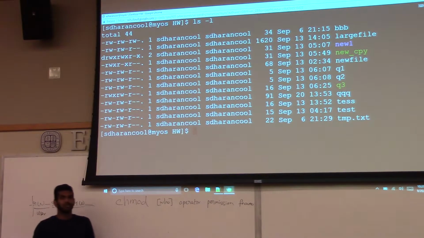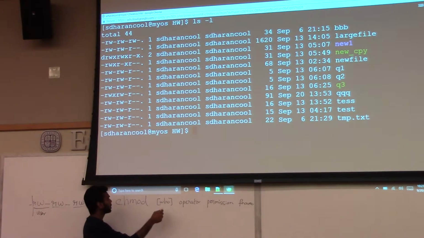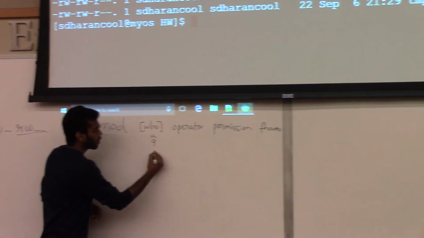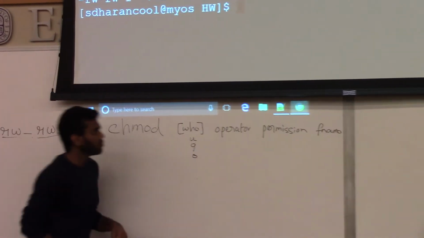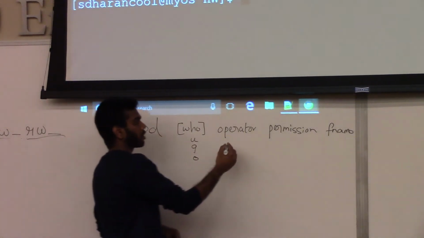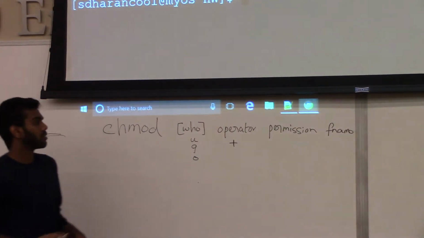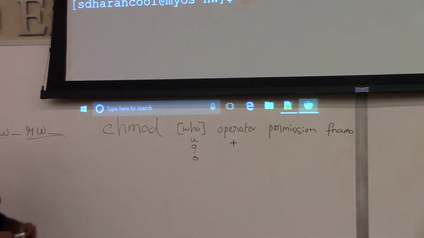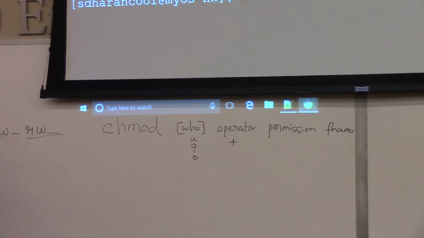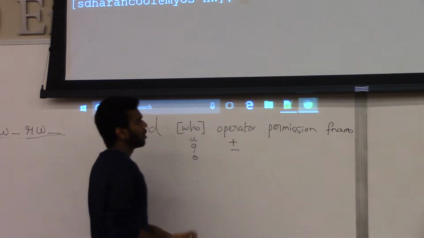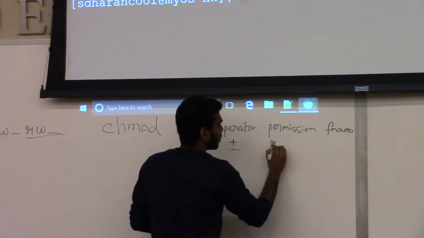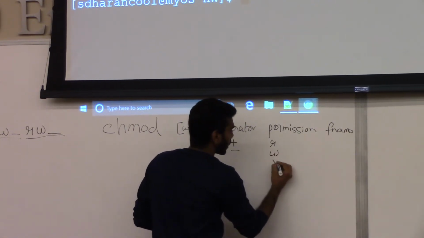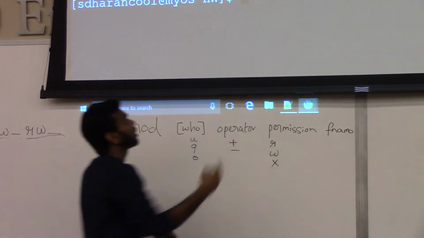So chmod is to change the file permission, and who is whether the user or the group or the others. And the operator is whether you need to add any permissions like read, write, or X, the executable one to run the shell or program of your file. A permission is read access, write access, or the executable access. File name is the file name.